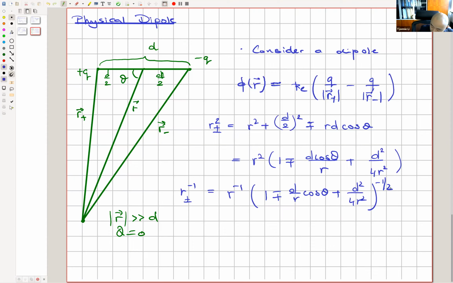Now, in this case, what I can do is to now start making this approximation, because if I now look for a scenario where r is much bigger than d, then one thing that I can do is already get rid of the very last term over here, because d over r is small, and so d over r squared is even smaller.